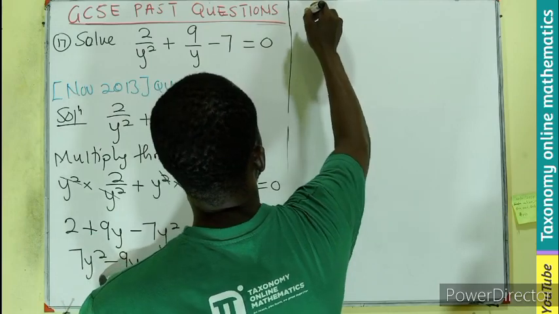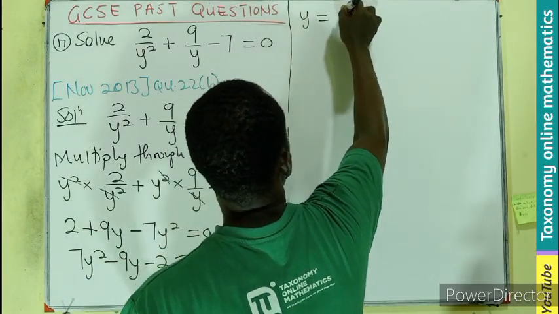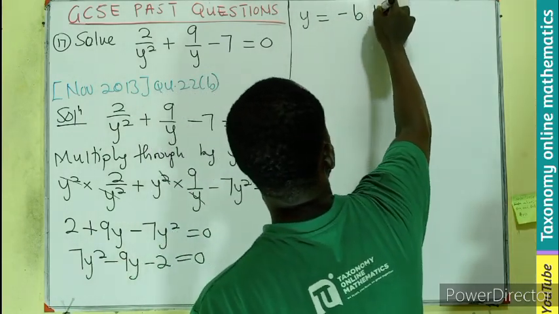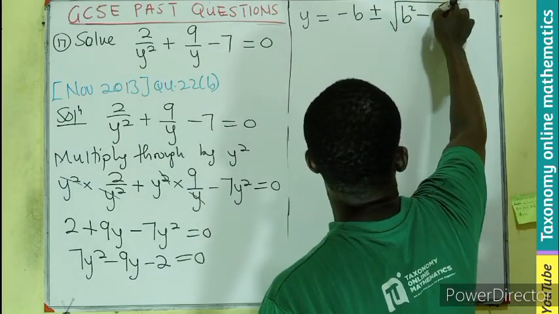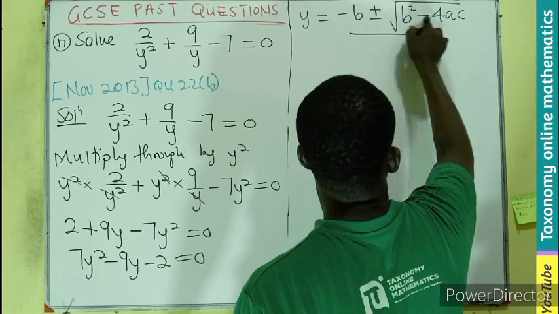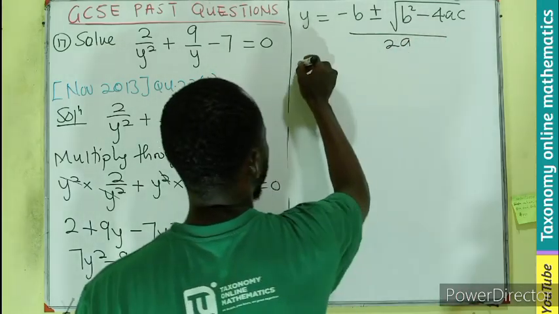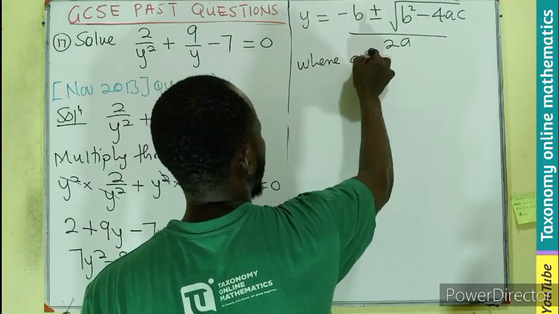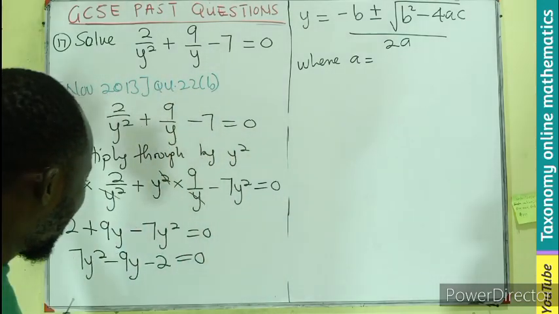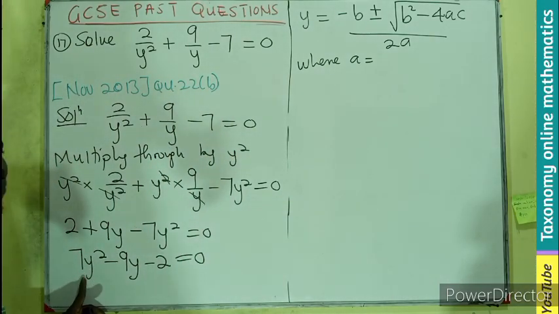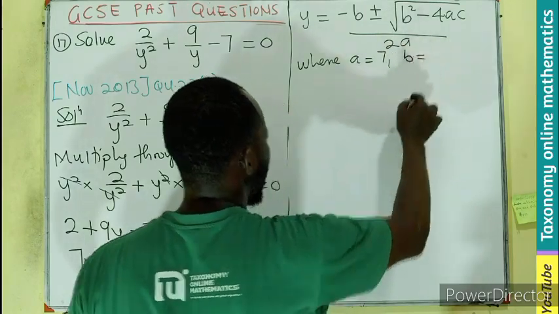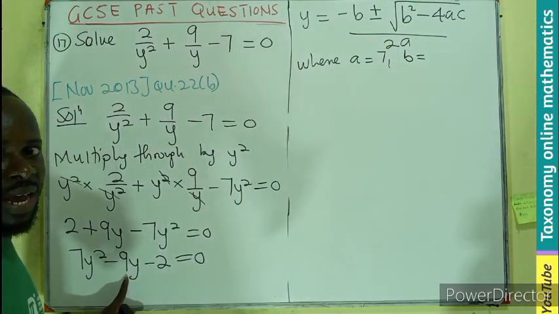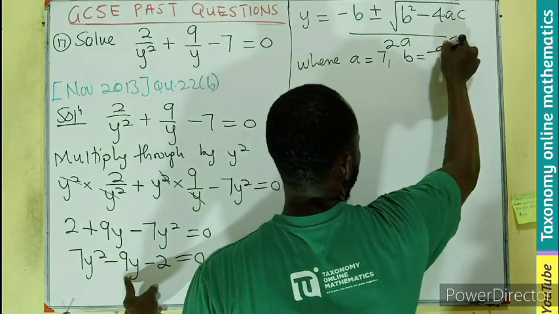So that is going to be y equals minus b plus or minus the root of b squared minus 4ac, divided by 2a, where the value of a is the coefficient of the squared term, that will be 7. The value of b is the coefficient of the middle term, minus 9.